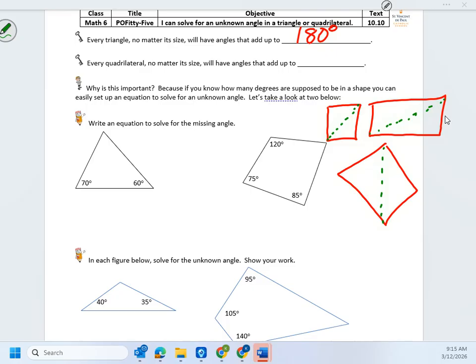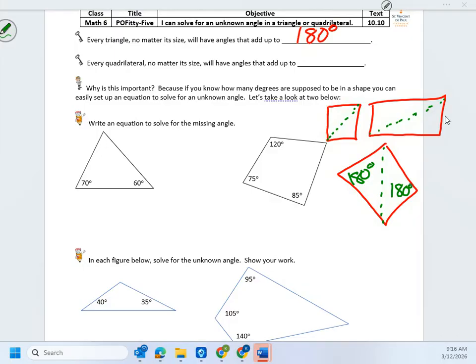So how many degrees would those four angles equal to be? Avery? If a triangle is 180 degrees, if we add up all four angles of a quadrilateral, think it through. One triangle is 180 degrees.